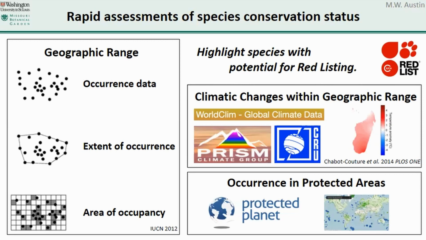So by developing this pipeline, I plan for this to be a tool where occurrence data can just be put into this pipeline and these features can automatically be calculated, thus highlighting species with potential for red listing. And this would be, of course, particularly useful for triaging efforts for deciding which species should be considered for official IUCN red list assessment.